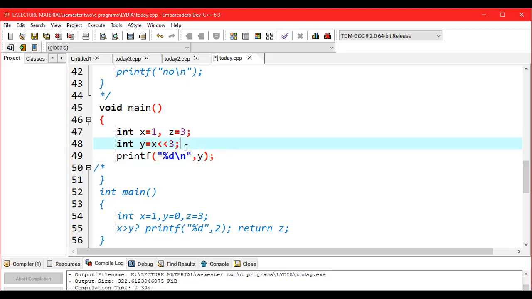So what this sign means is that it shifts the bits of a value to the left by adding zeros to the empty spaces created at the right side after shifting. Have you understood what it does? They are saying that it's used.